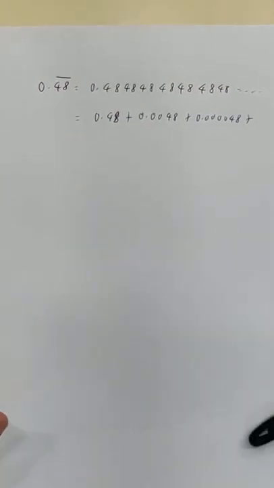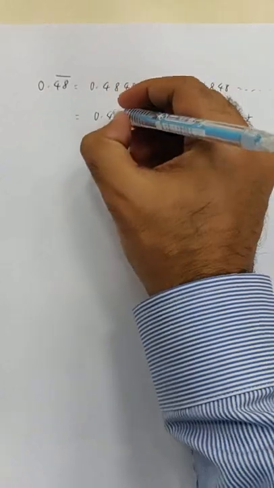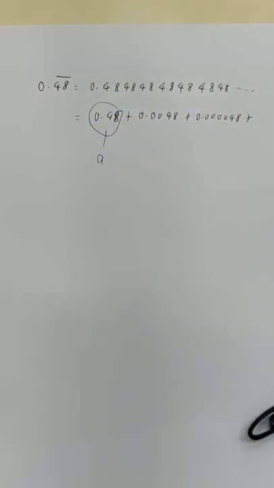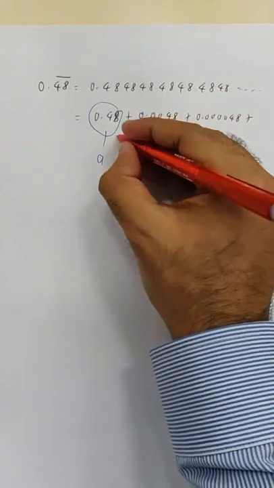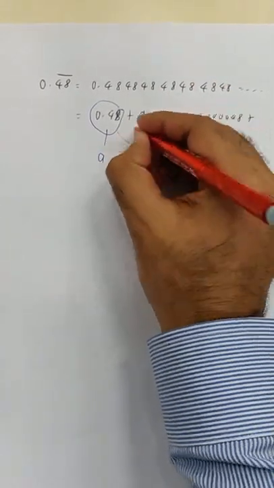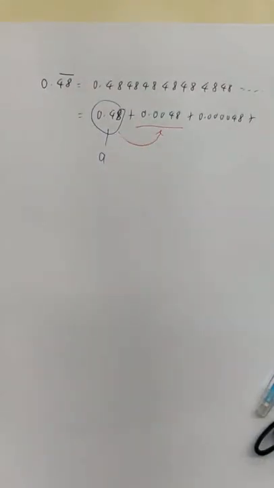Okay, if we have a look, what similarities can we find here? What's your A? We can agree that 0.48 is our A. So how does 0.48 become this next term?